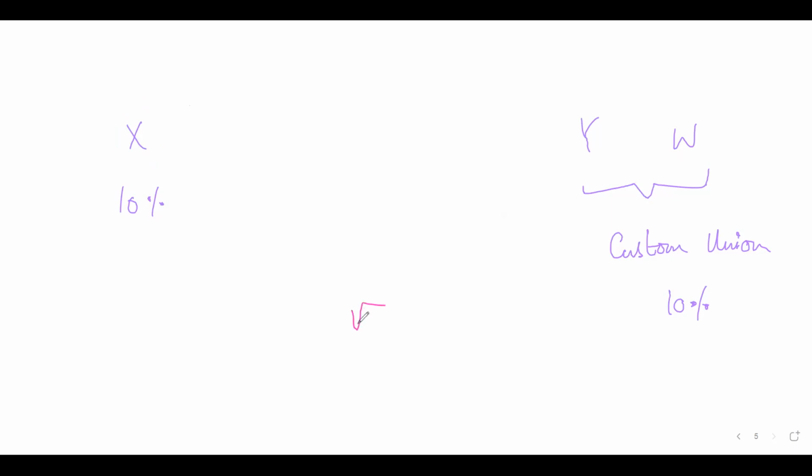Now, I'm talking about before the customs union was made. Before X joined the customs union of Y and W, X was importing the car from V. In the example, assume that the price of a car in V was $92, whereas the price of a car in Y was $100.